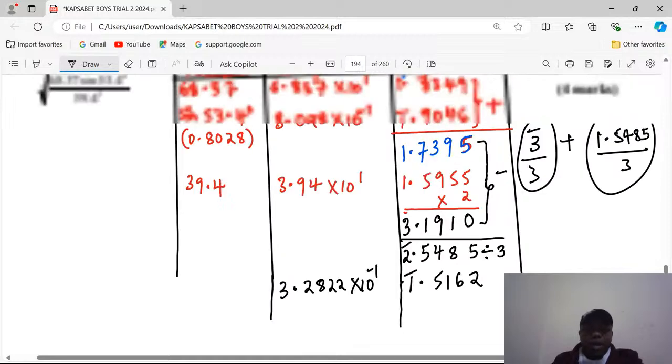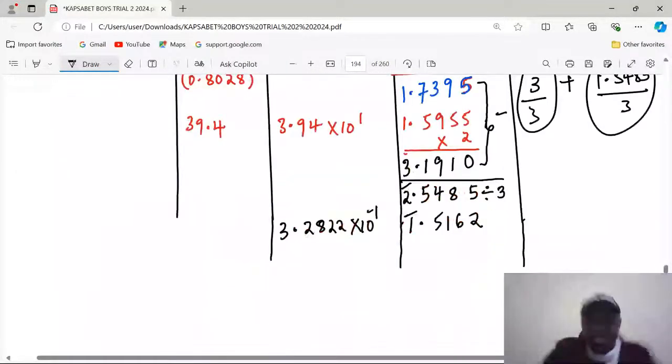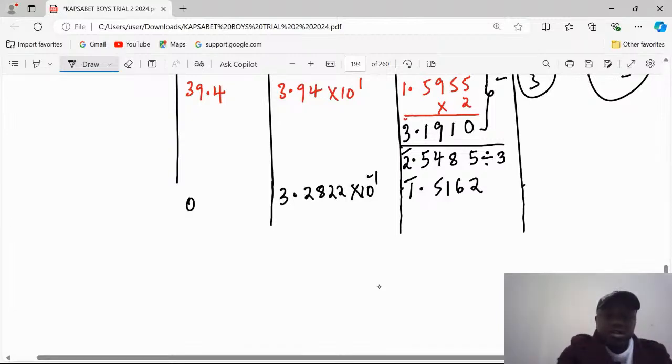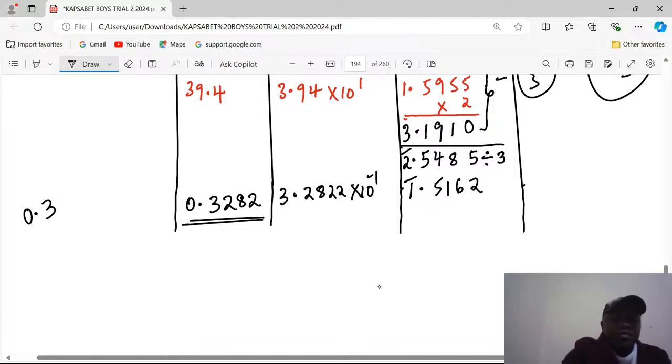Remember, we are working to an accuracy of 4 decimal places. So this is going to be 0.3282. This is the accuracy of 4 decimal places, and it is the answer that we wanted. So our final answer is 0.3282.